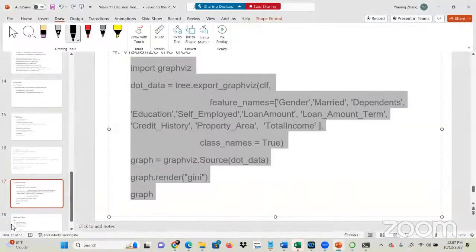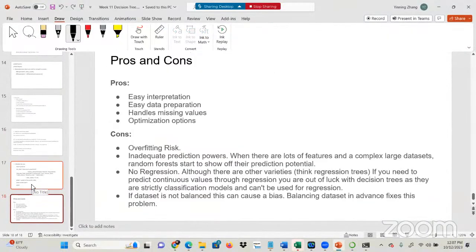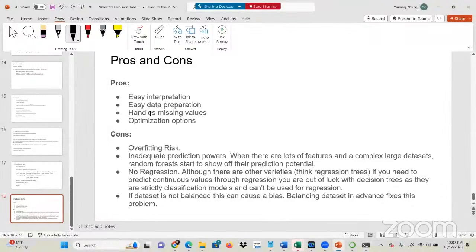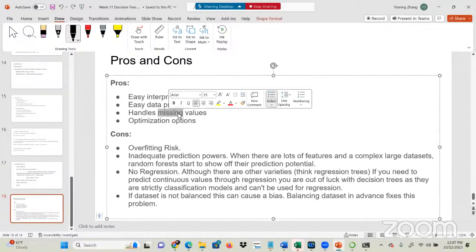I include that tree here. I didn't. So as we see, this algorithm is very easy to understand, and it does handle missing values.